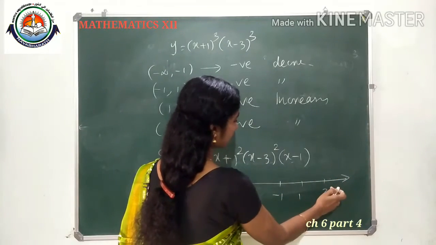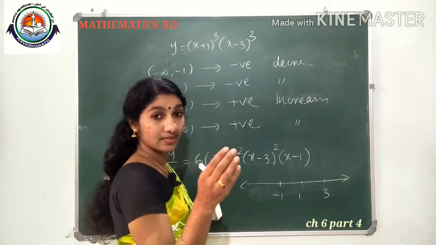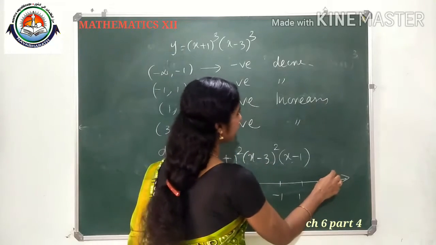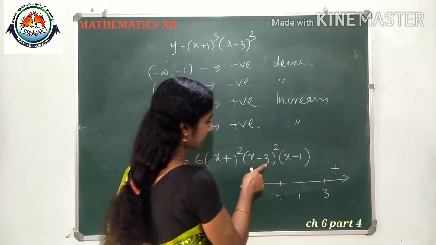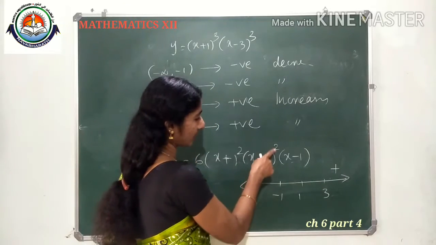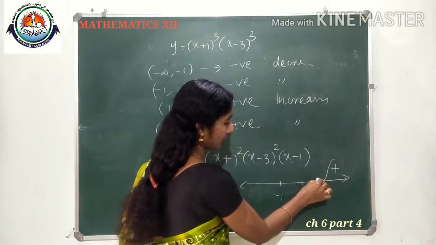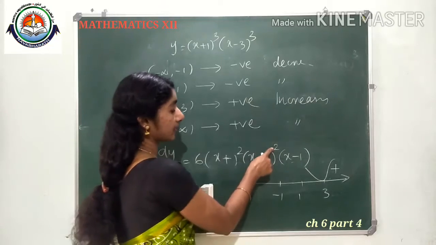After 3, since the highest degree term's coefficient is positive, the right side will start with positive. Here 3 is a critical point and (x minus 3) whole square is there, so the graph will come like this and it will not cross 3.